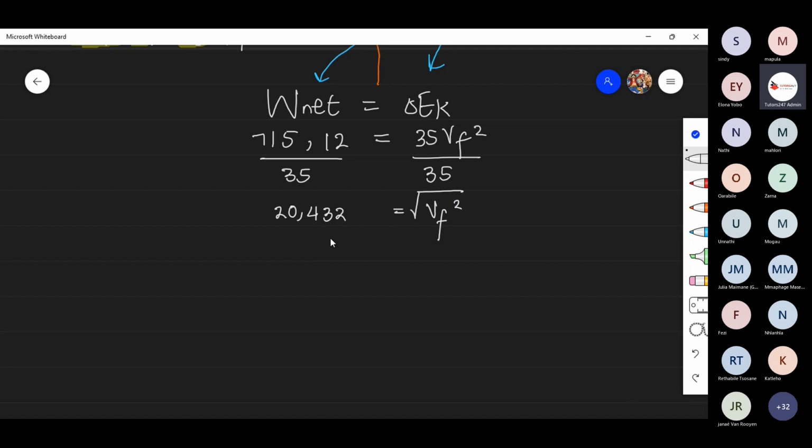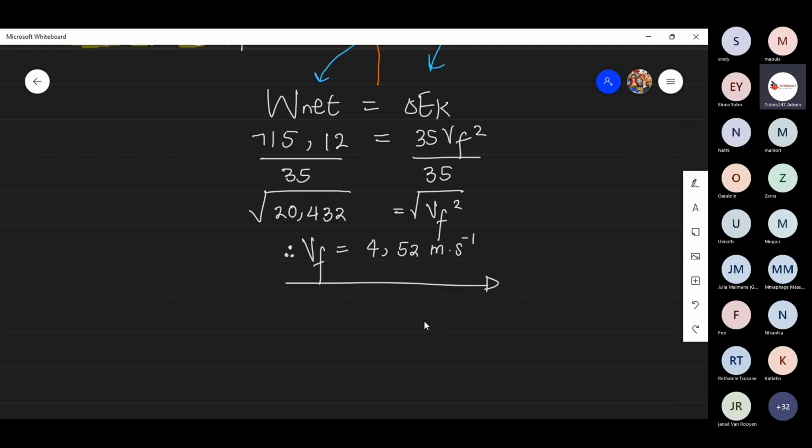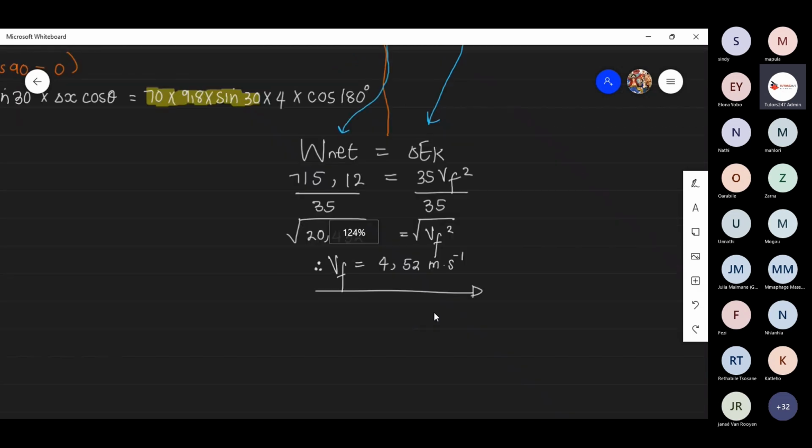We can square root both sides to get rid of the squared, and that gives us a final velocity of 4.52 meters per second. So that is our final velocity for this particular question.